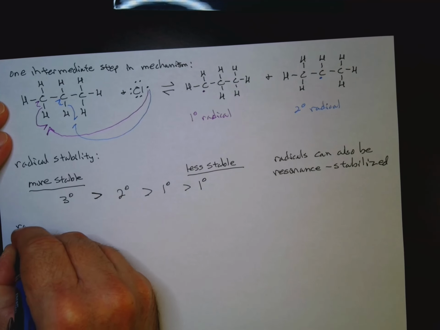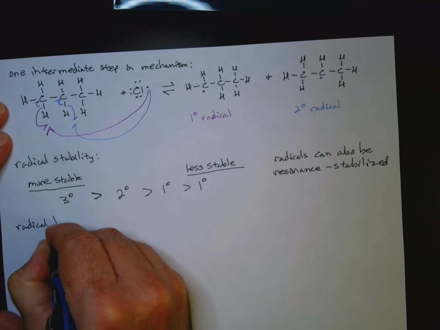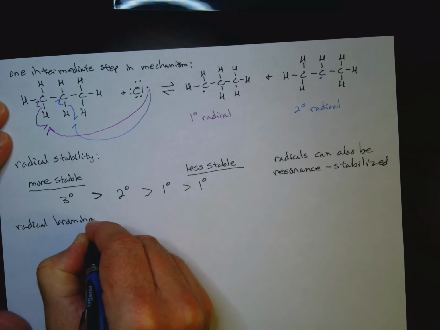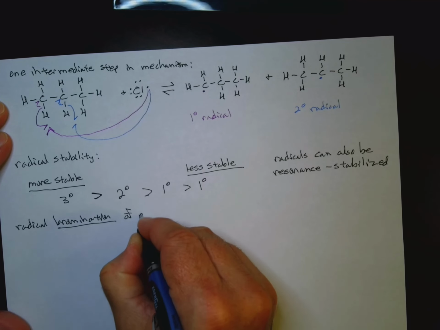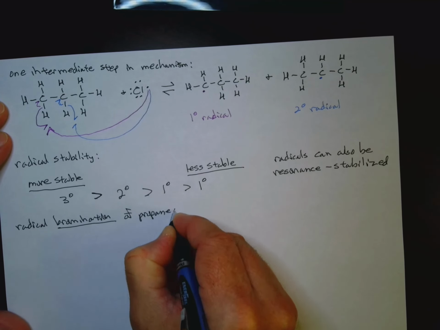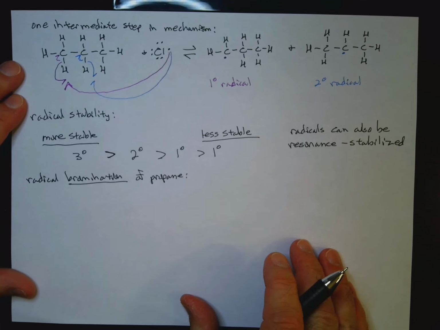So we can look at the radical bromination of propane, and we'll see the following.